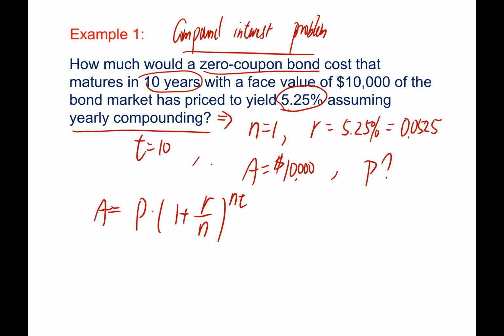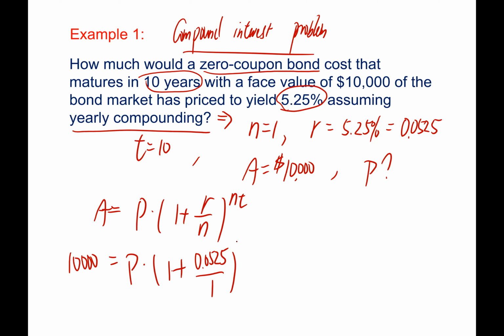So once you have all this information, you will just plug all these numbers into the compound interest formula. We know A is 10,000, the ending balance, and then the beginning balance, that's what we try to figure out, or the principal you invest into this zero coupon bond. 1 plus 0.0525 over the number of compounding periods, here 1, so divide by 1.